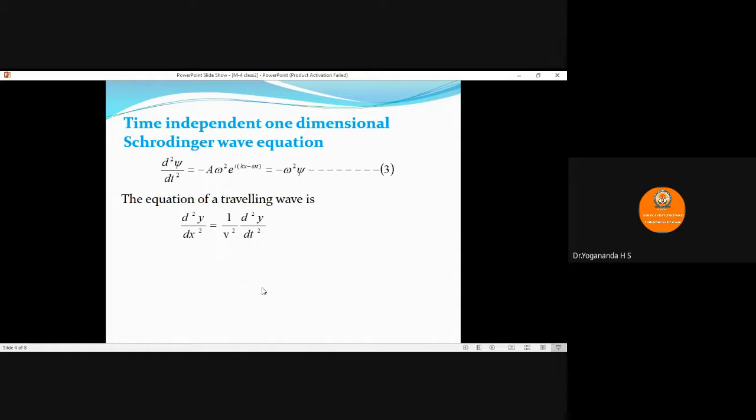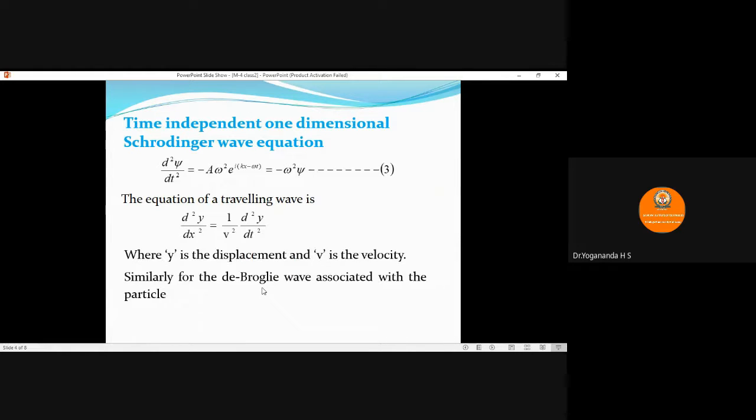Now the general traveling wave equation is given by d square y by dx square is equal to 1 by v square into d square y by dt square, where v is the velocity of the wave. In particular, for the de Broglie wave, y is replaced by the wave function psi.